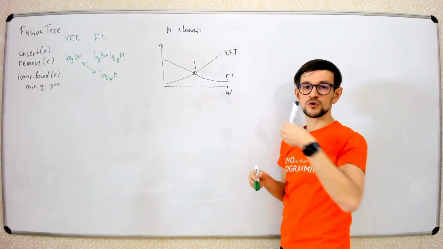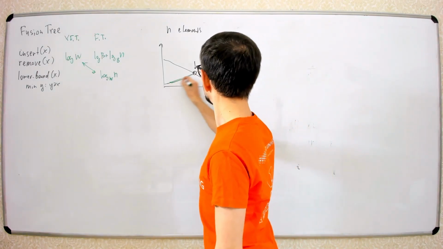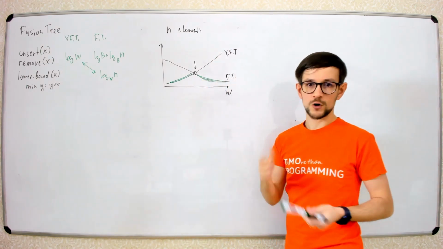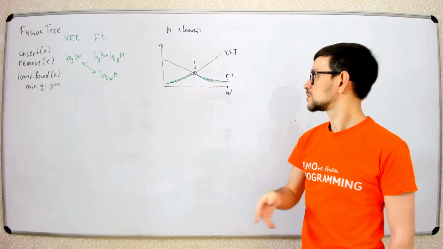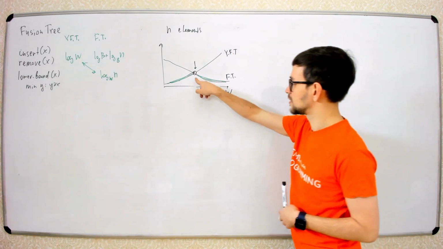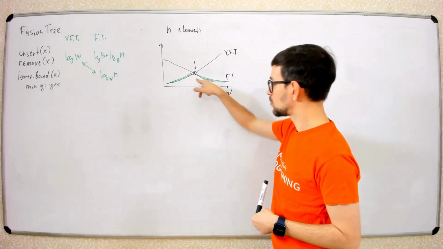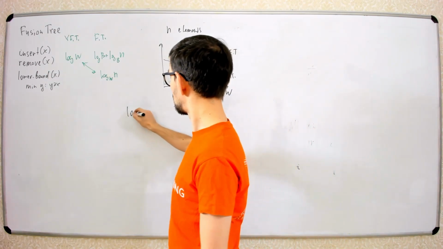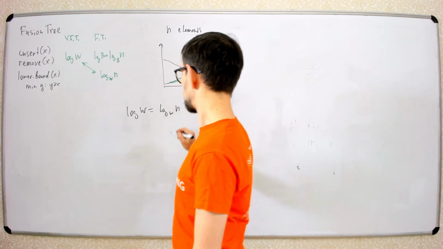If you choose the optimal data structure, you will have a time complexity like this, because you know the value of W and can select one of these data structures and use it. So this will be the worst possible point. The worst possible point is when you have the same time complexity, when log W is the same as log base W of n.